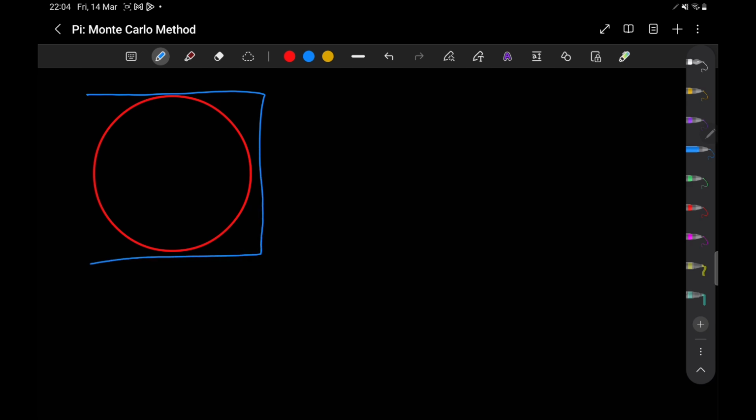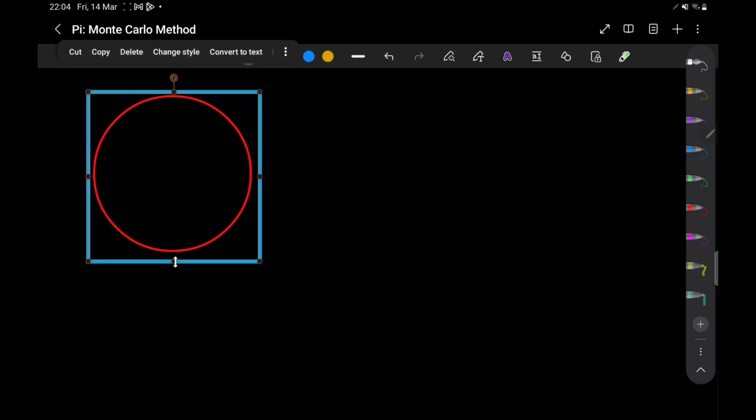Let me draw the square and the circle. And then this circle needs to be inscribed within a square. My drawing is not that great, but fortunately Samsung's magic will make it look better.